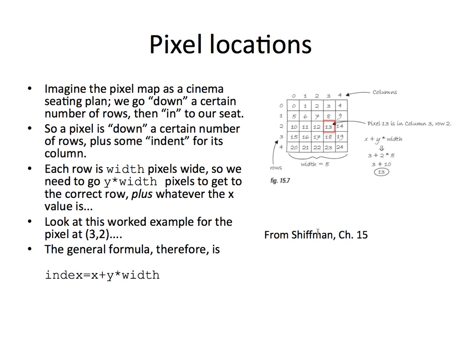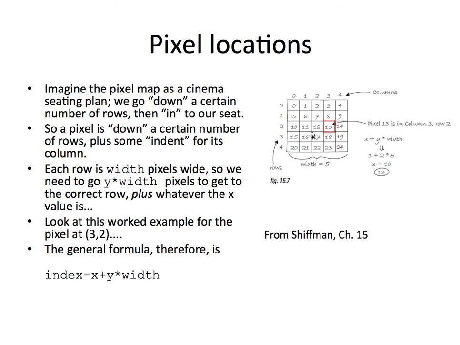So the general formula for mapping from x, y to linear position in the index is essentially y times width plus x, or x plus y times width.